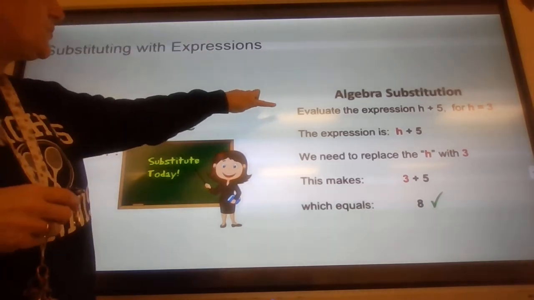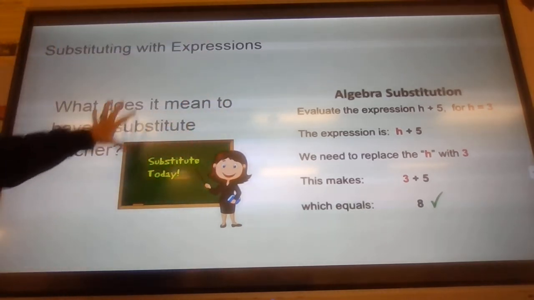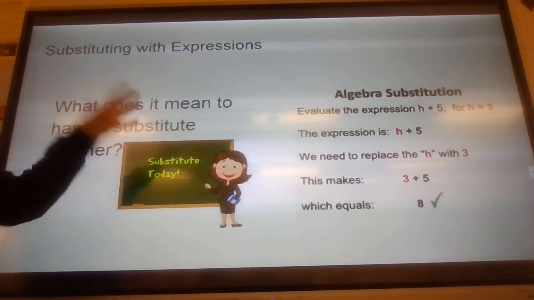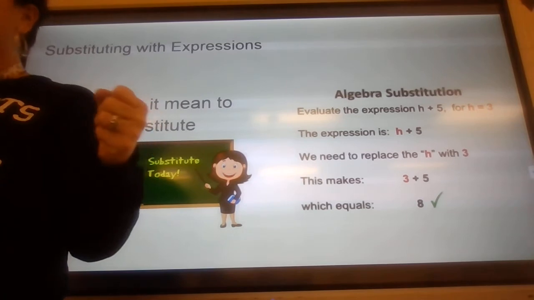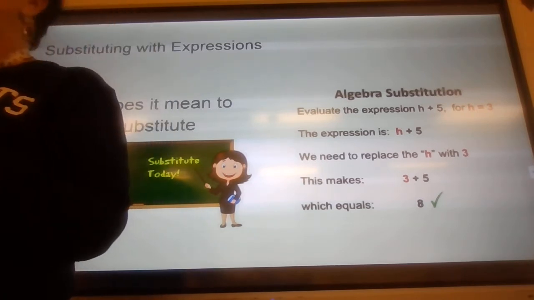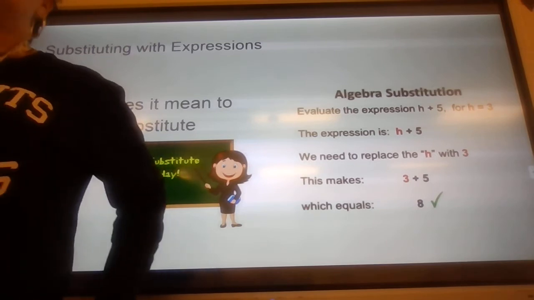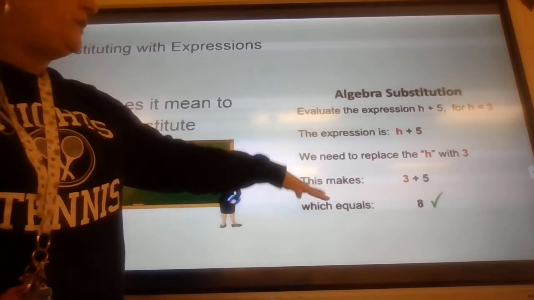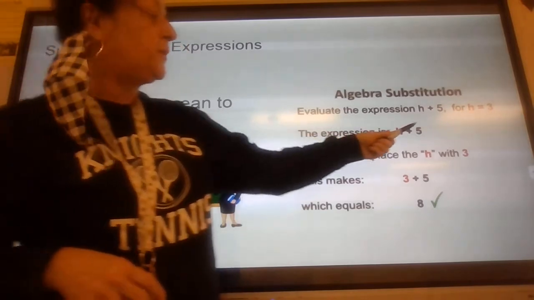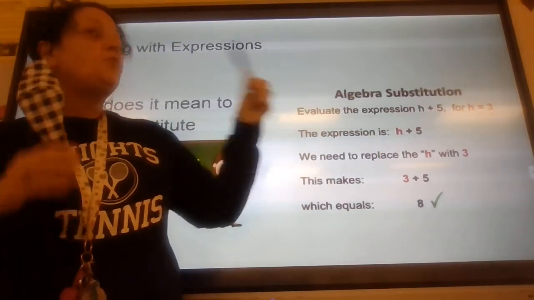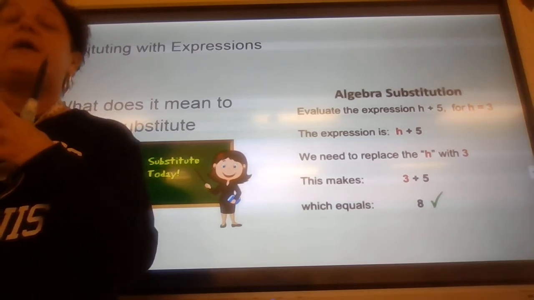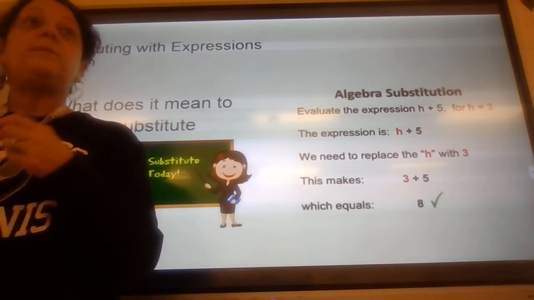So here's what it looks like. It's just like a substitute teacher. They're going to step in for me and fill my role until I can come back, right? That's what's going to happen with substituting with a variable. So we've got our expression right here in this example, h plus 5. In the directions, now here's where reading your directions, paying close attention to what the directions say, is going to be critical.